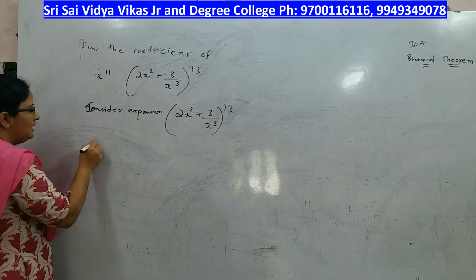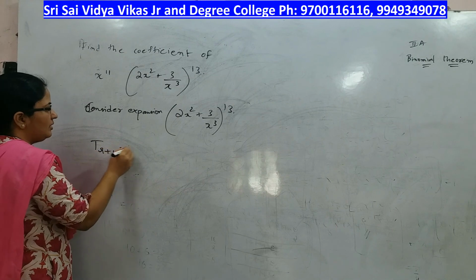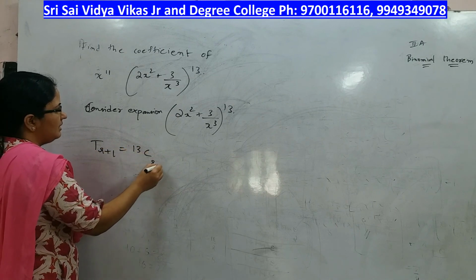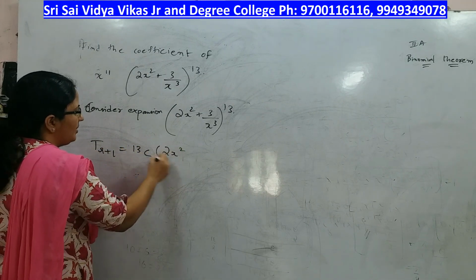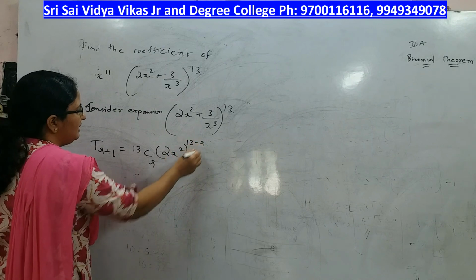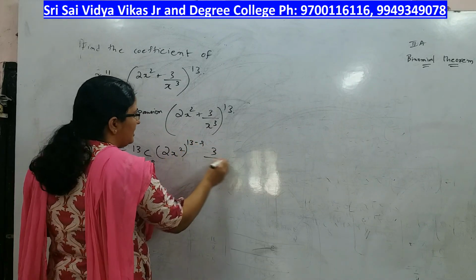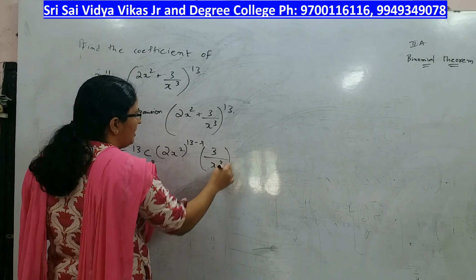Tr plus 1 is equal to 13Cr (2x square) whole power 13 minus r, (3 by x cube) whole power r.